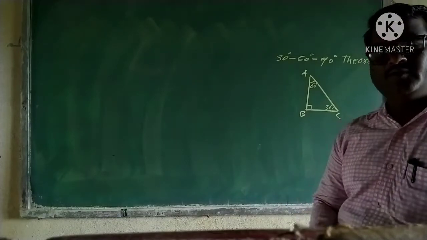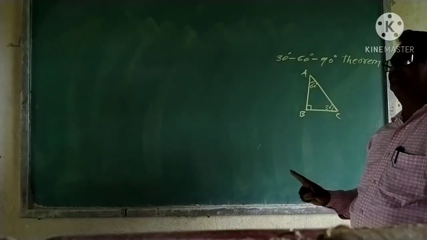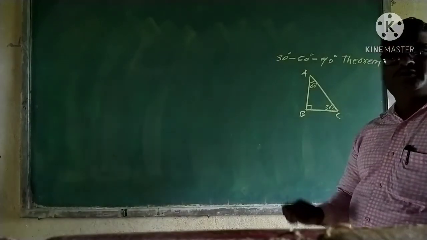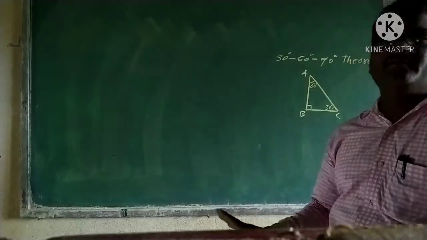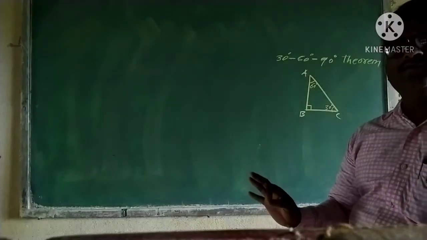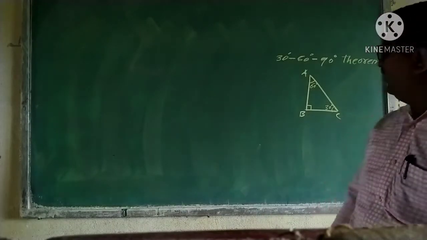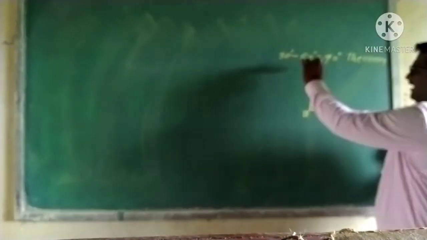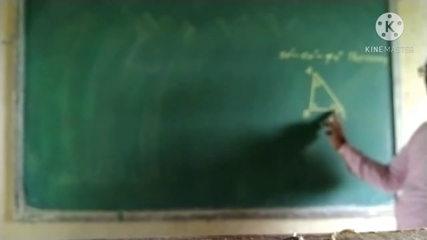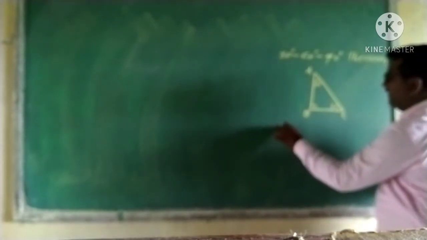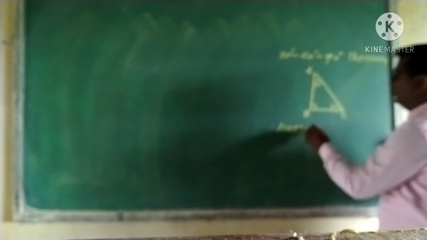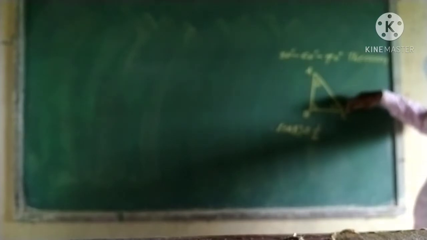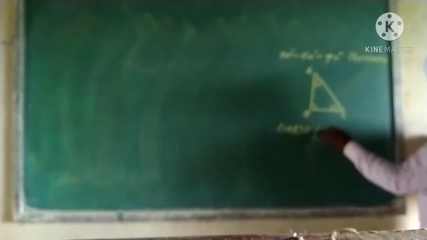Consider AB, this side is opposite to the angle of measure 30 degree, so we can write length AB equal to half of the hypotenuse, length AC.